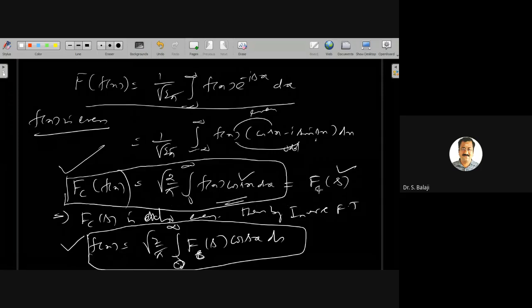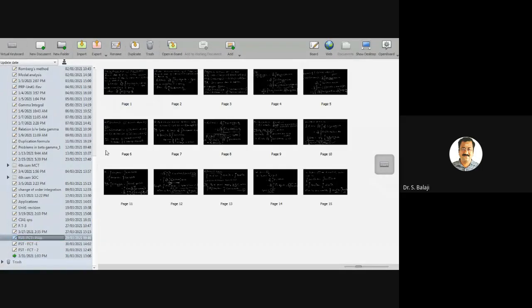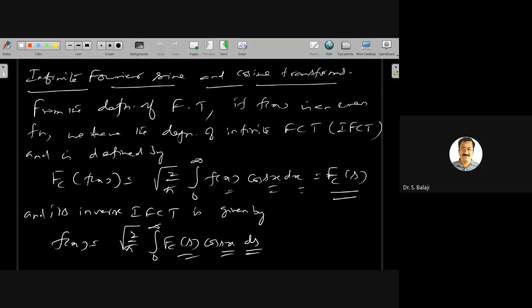That will be termed as FS of s, and this will be FS of s sin sx. These definitions are considered by taking FS of s as an odd function and f of x as an odd function. That type of idea we can get.